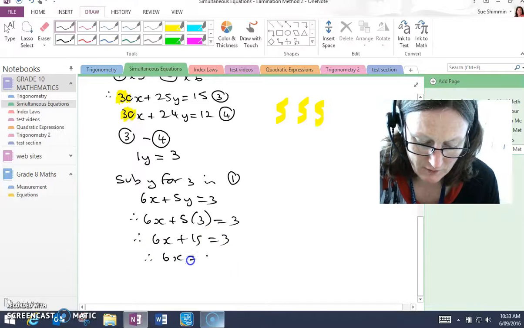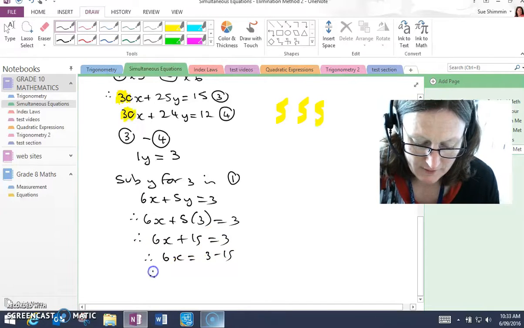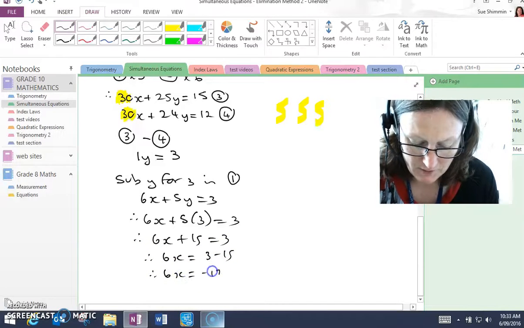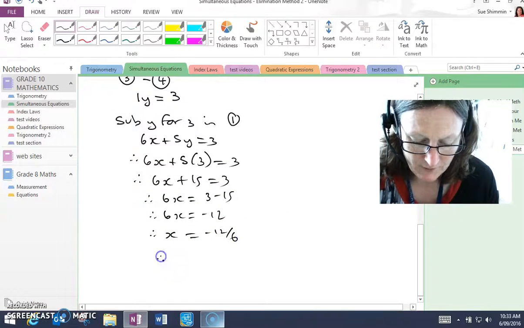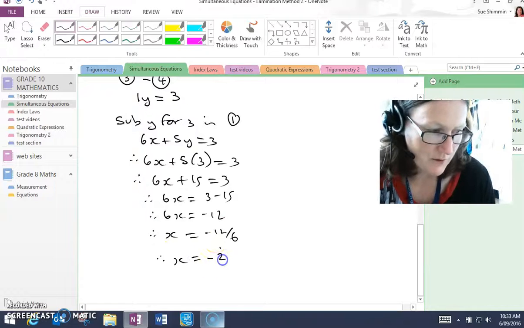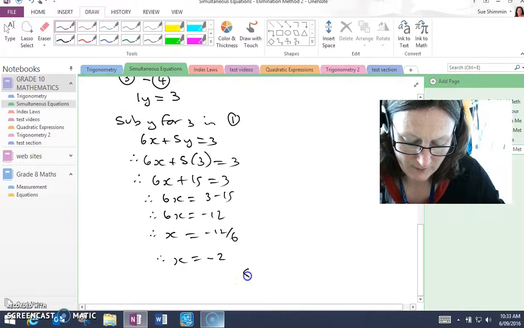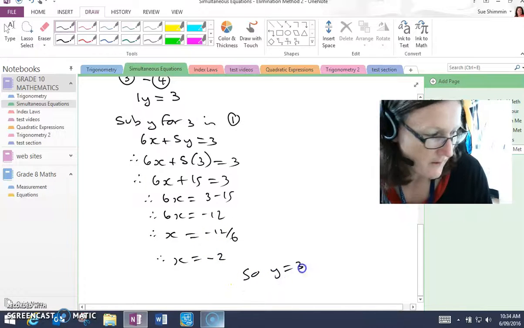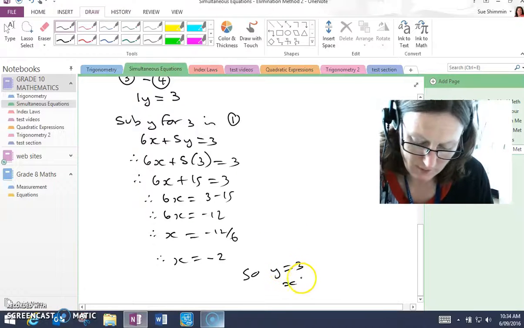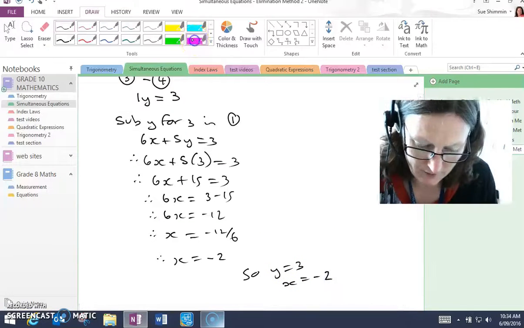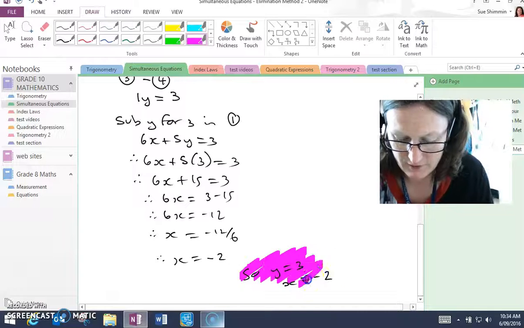Take the 15 over to the other side. 6x is minus 12. Divide by 6. So x is minus 2. So my answer, y is 3. x is equal to minus 2. Again, let's clearly show that that is the solution.